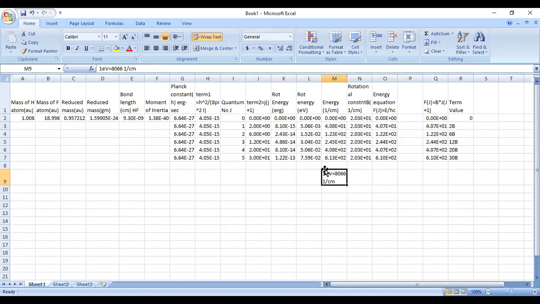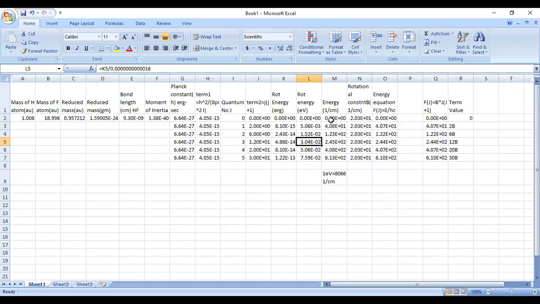So look at this. I calculated the rotational energy for each rotational quantum state, j equal to 0, 3, 4, 5. I have calculated the rotational energy in erg, in electron volt, and in terms of wave number units.